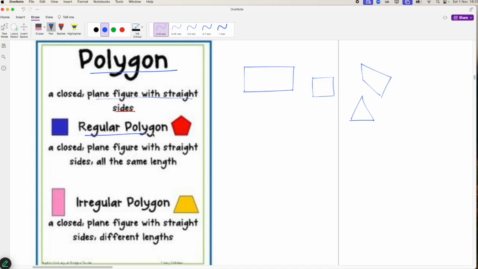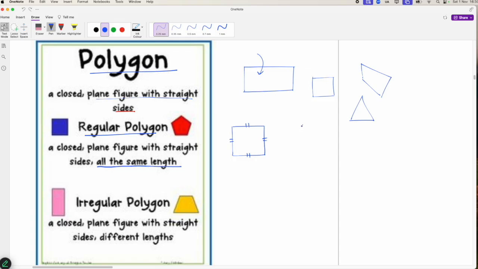A regular polygon is a closed plane figure with straight sides all of the same length. So if you have a square, all sides have the same length. A square is a regular polygon, right? A rectangle is not a regular polygon.